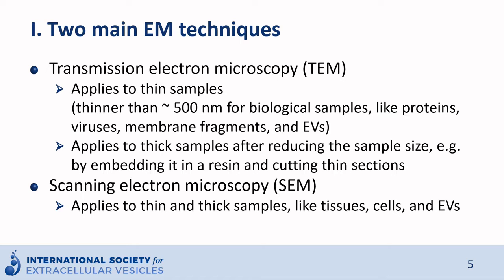TEM applies also to thick samples like cells and tissues after their size is reduced, in general by embedding the sample in a resin and cutting thin sections. On the other hand, scanning electron microscopy applies to thick as well as to thin samples without size limitation. This includes tissues, cells, and EVs.